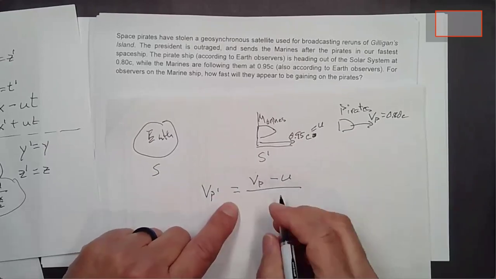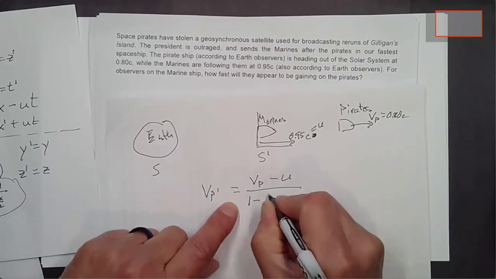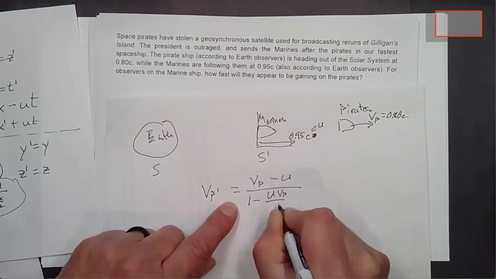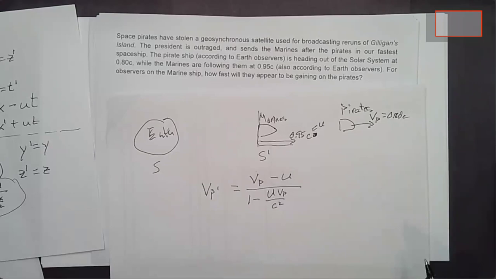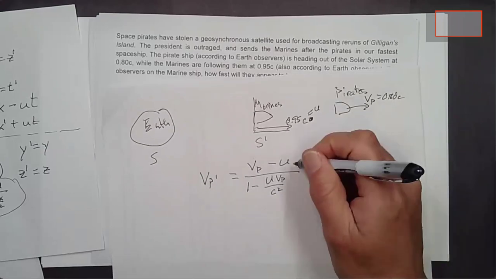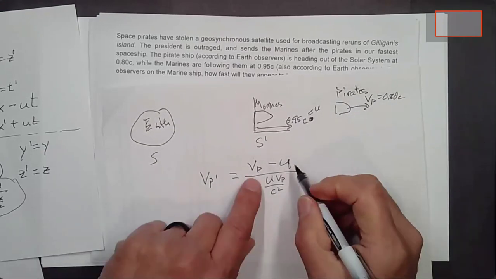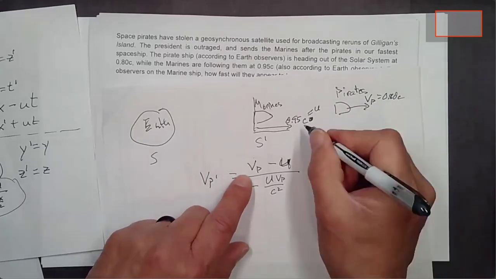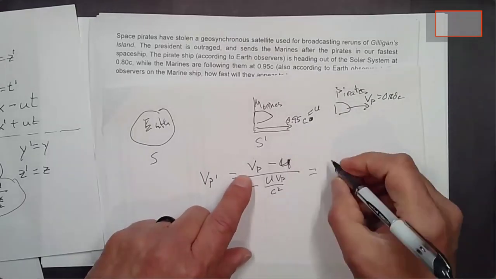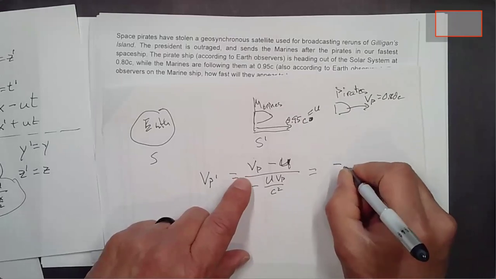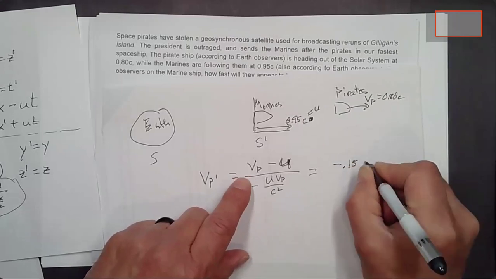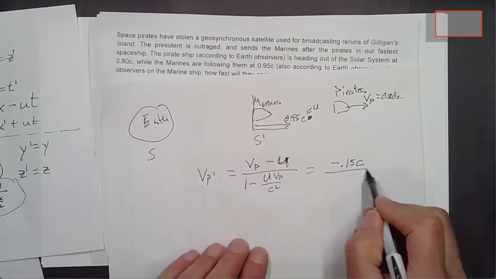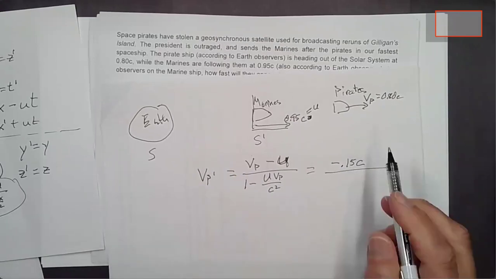And then we divide that by 1 minus U V sub P over C squared. For the numerator, I'd have 0.80 C minus 0.95 C. I'd get minus 0.15 C for the numerator. And that makes sense. That's the non-relativistic speed.